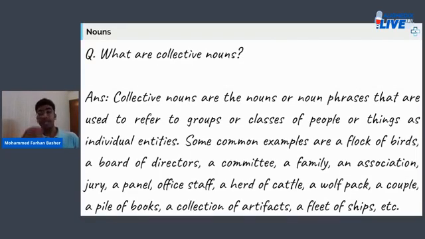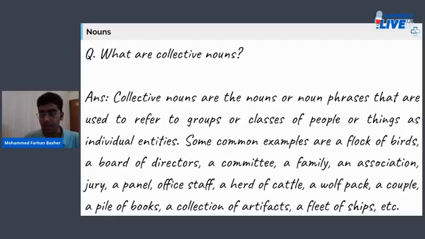Okay. Then you could say a committee, right? A committee of something, maybe any committee, or a family, right? So in a family, you cannot have just one member. One person does not make a family, so you need at least two people to make a family, right? So similarly, these collective nouns are group words where you have more than one person or animal or object or idea involved, right?